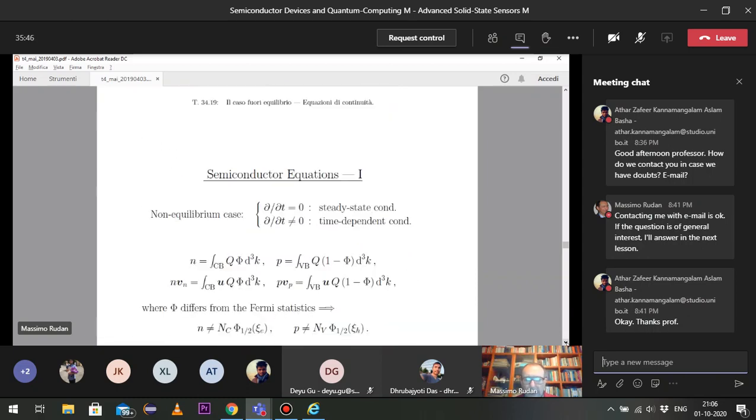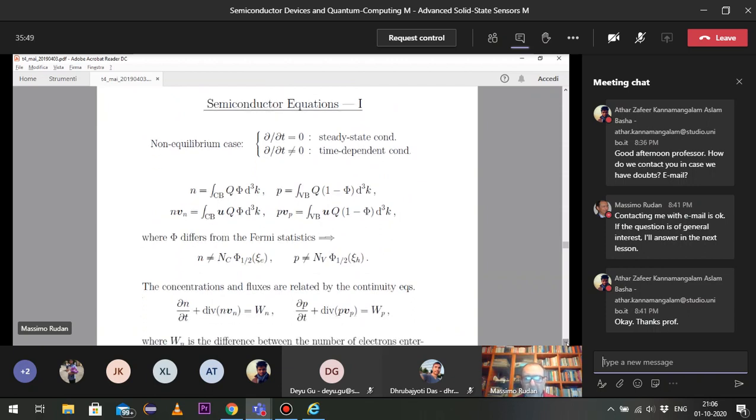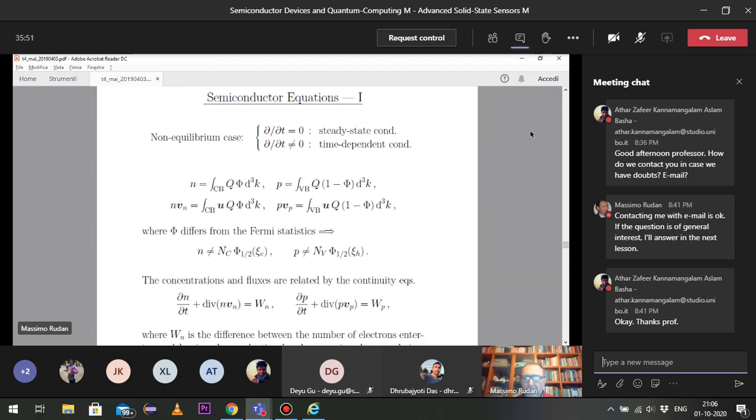If you are in the non-equilibrium case, you cannot use the relation between electric potential and concentration of electrons or electric potential and concentration of holes anymore. You don't have anymore the Fermi level when you are in the non-equilibrium situation. You don't have the Fermi statistics.